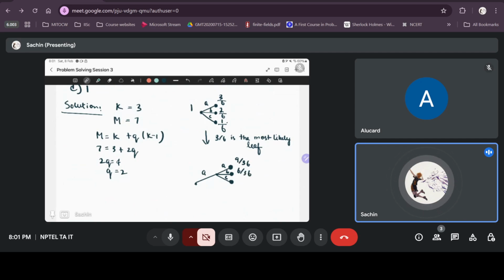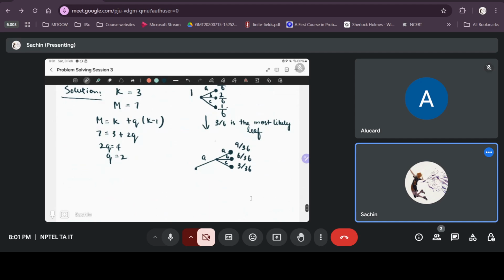Finally, P of AC is P of A into P of C, which is 3 over 36. Probability of B is 2 over 6, probability of C is 1 over 6.